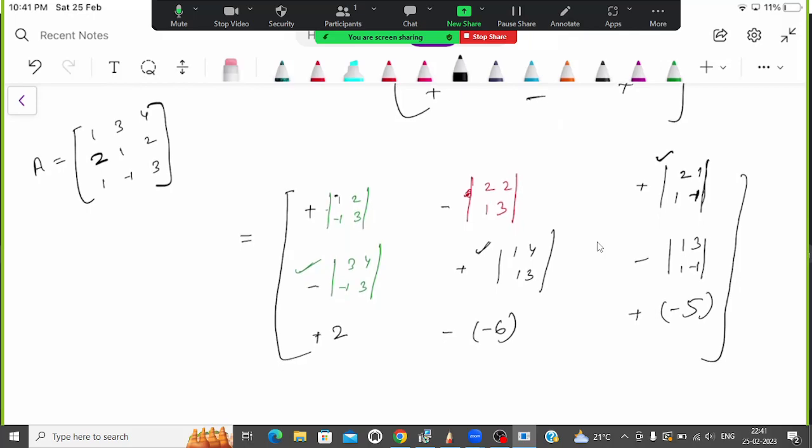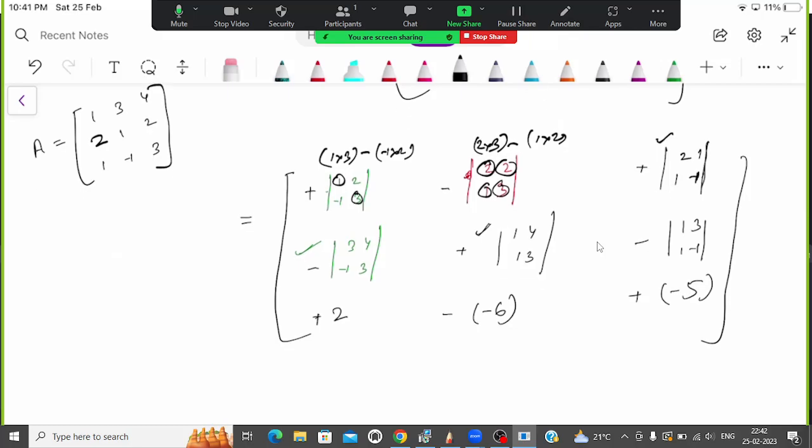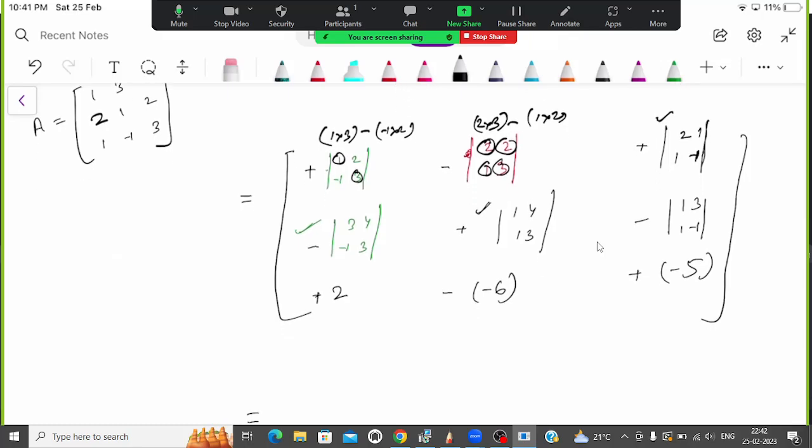Now just multiply this element with this element: minus 1 into 3, minus 1 into 2. Similarly, 2 into 3 minus 1 into 2. In this way you calculate.